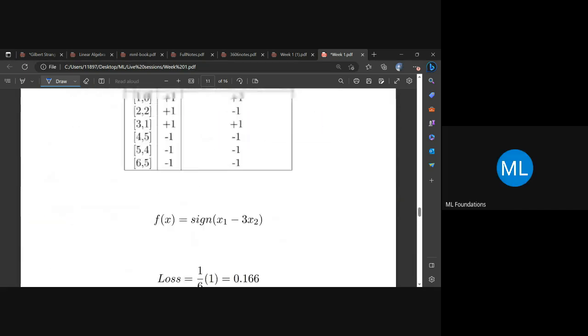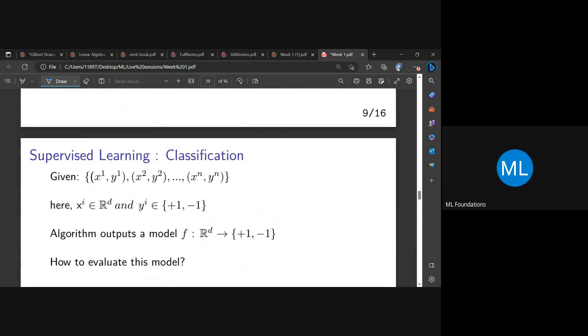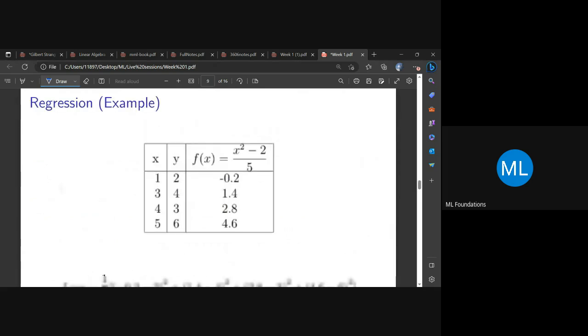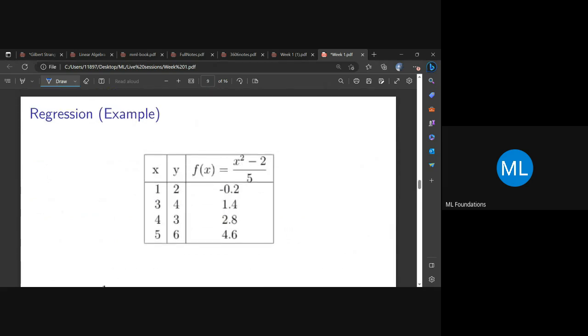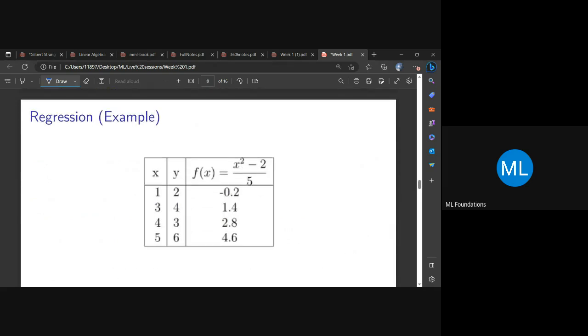Okay. We looked at the regression problem, and we had one example here. You have the data set x and the label data set y, right? Can you tell me what is the dimension of the data set x?